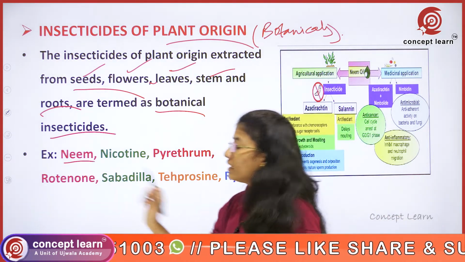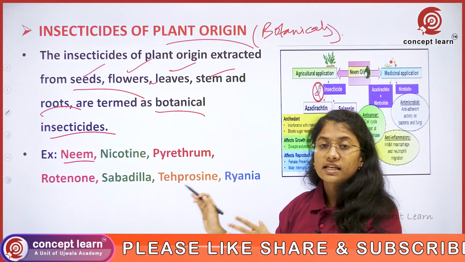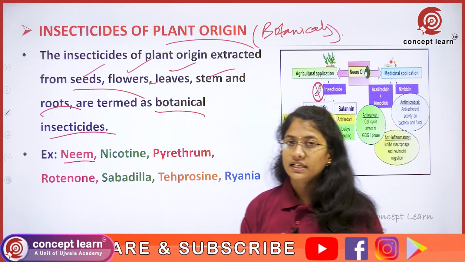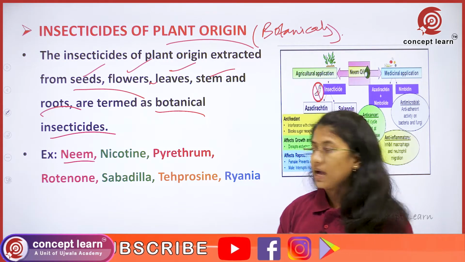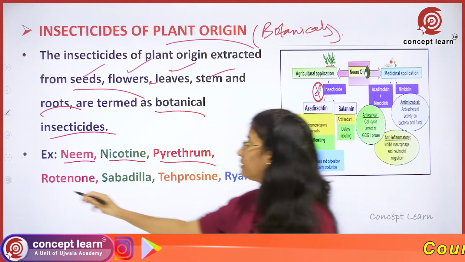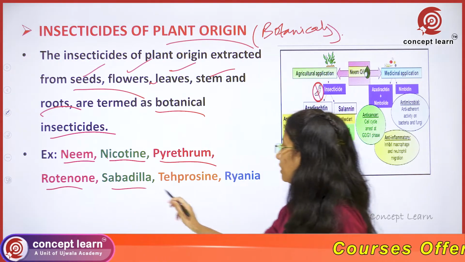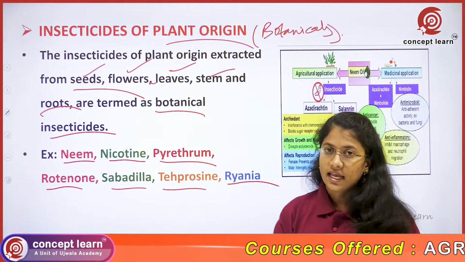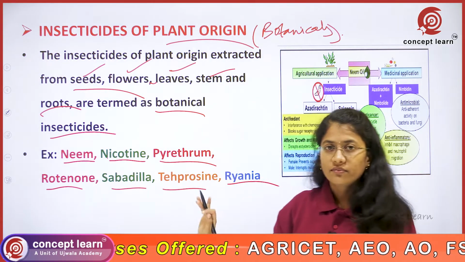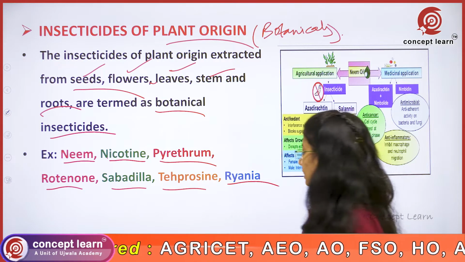Such plants are neem, nicotine, pyrethrum, rotenone, sabadilla, tephrosia and ryania. So, these are the botanical plants from which we can extract the insecticides.